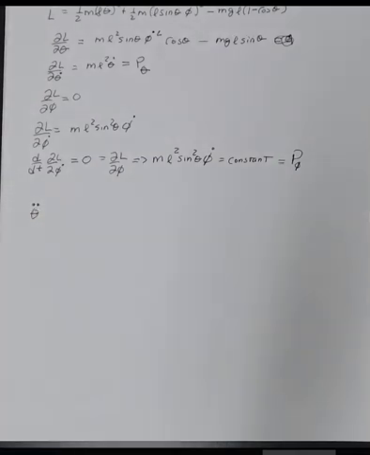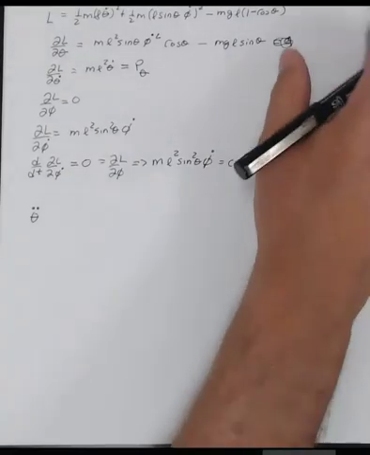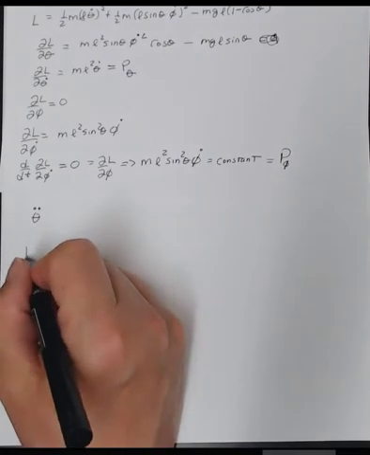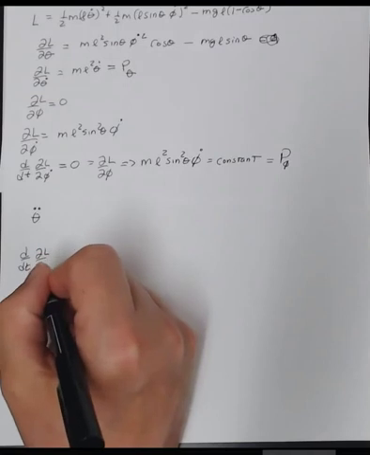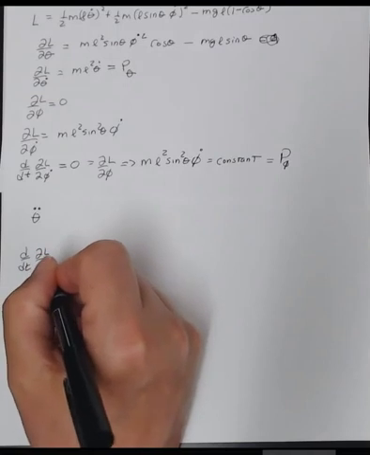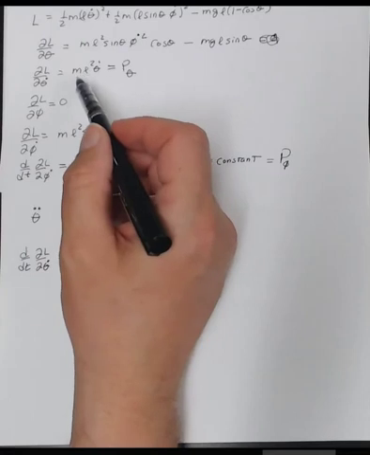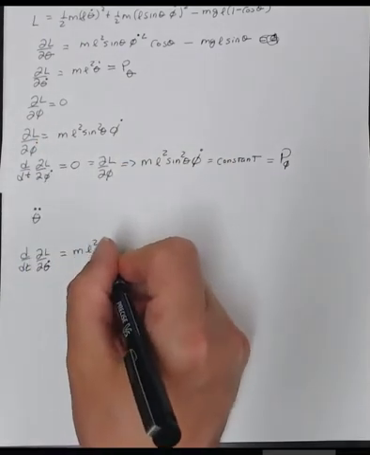Well, what is that going to be? Here's how I would get that. Here's dL d theta dot, take the time derivative of that, I get m L squared theta double dot.